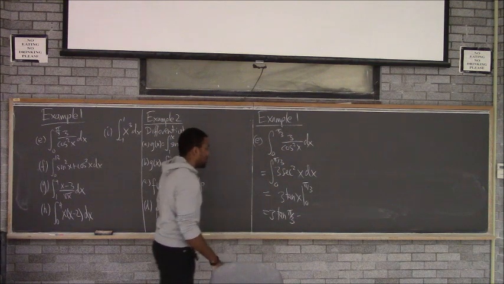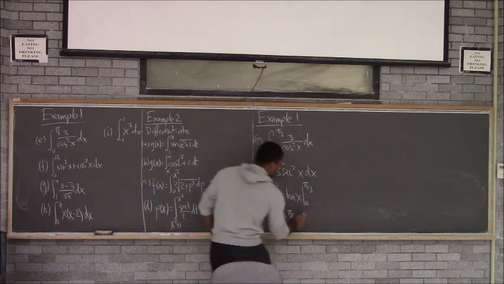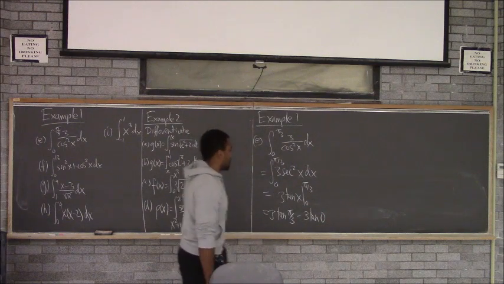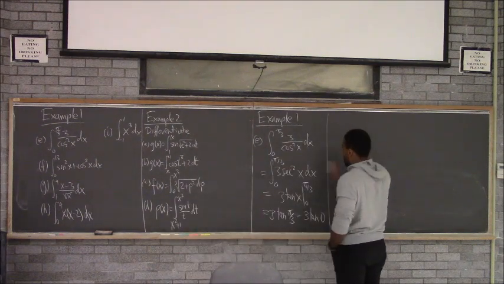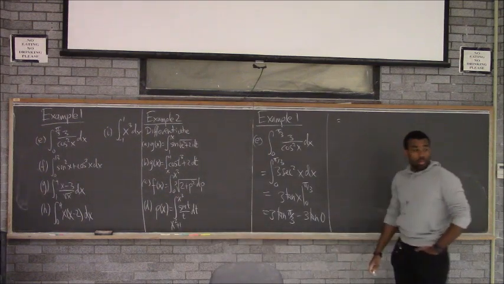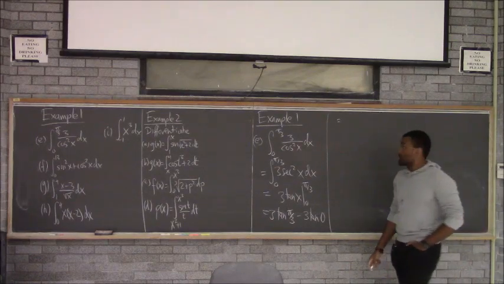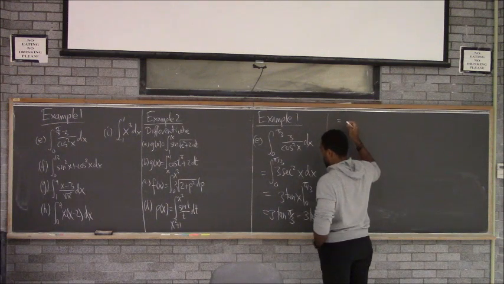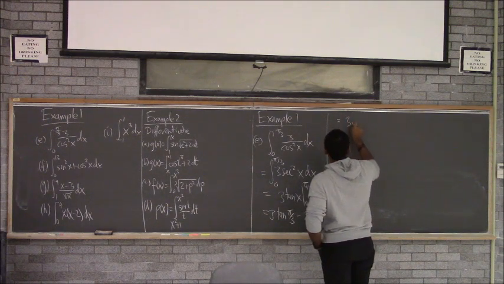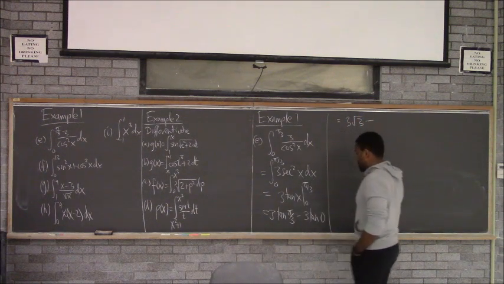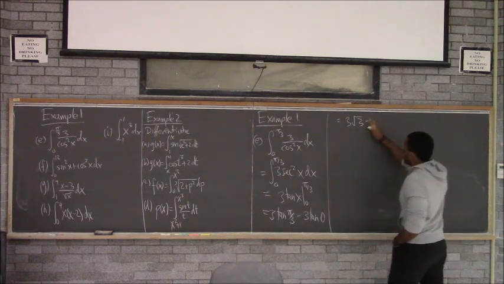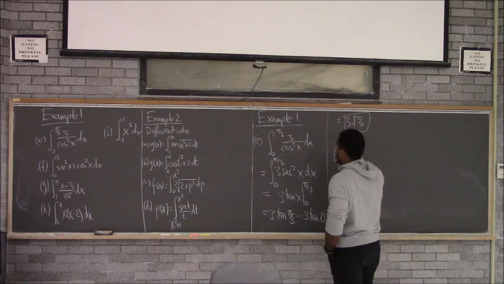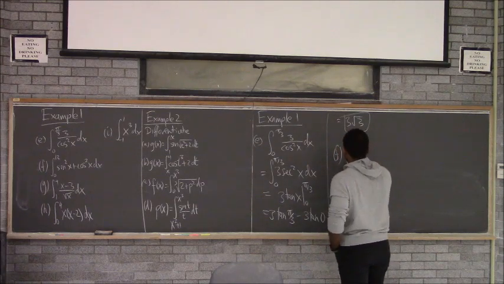And so fundamental theorem of calculus, you plug in the top number minus plug in the bottom number. Tangent of pi over 3 is radical 3, and then we have 3. And tangent of 0? It's 0. That's how you do that one.